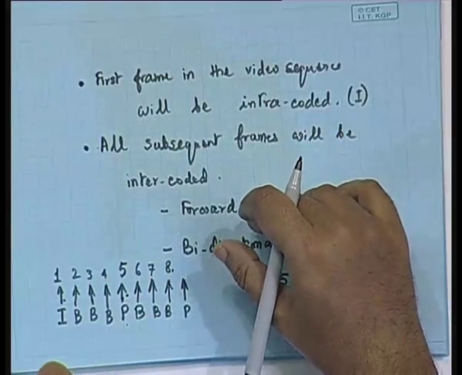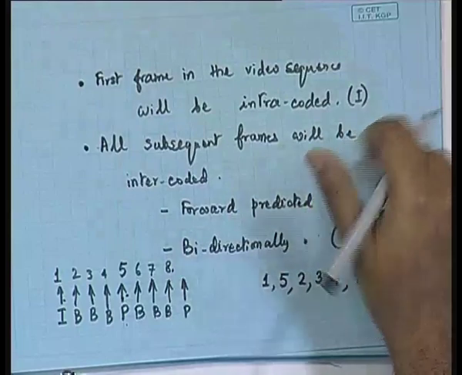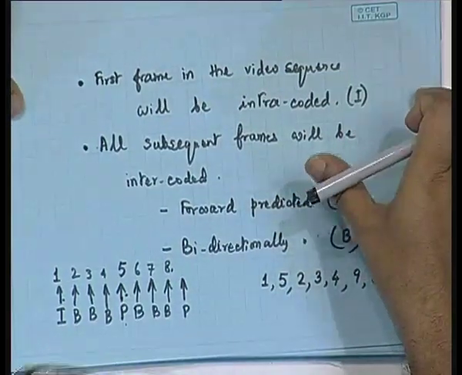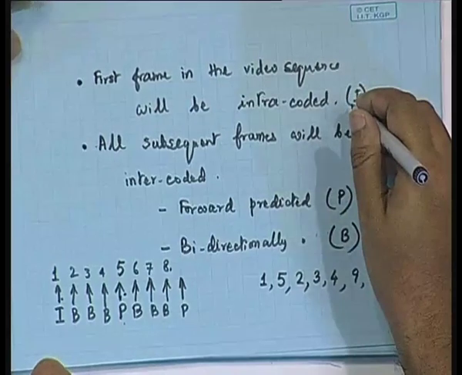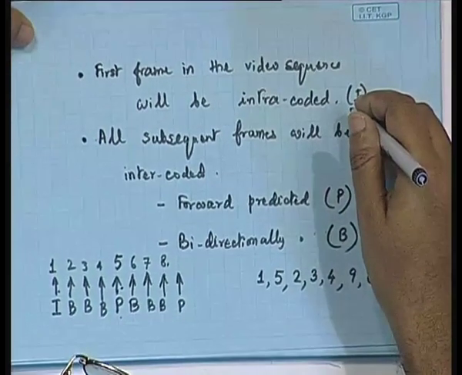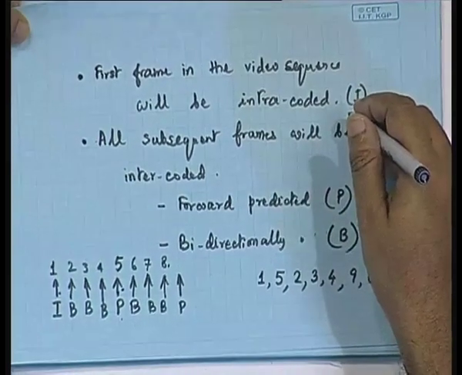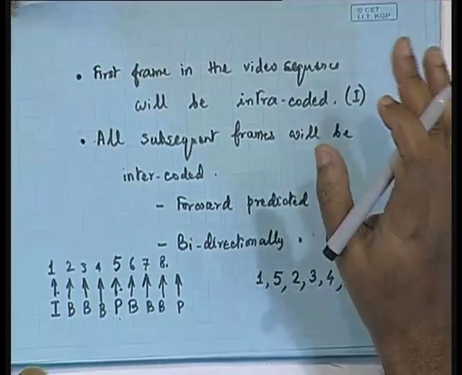Now, what is the advantage in having a prediction like this? You see, the first frame is definitely without any past reference. So, in the absence of any temporal redundancy, it is quite expected that we consume a large number of bits to encode it.